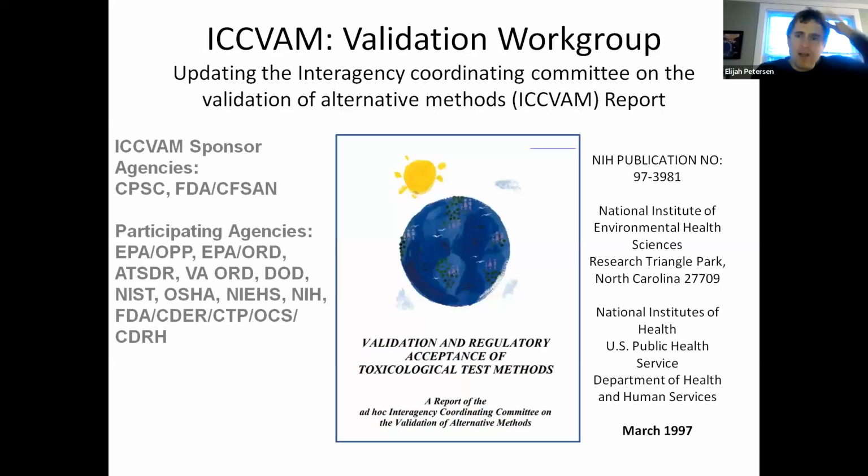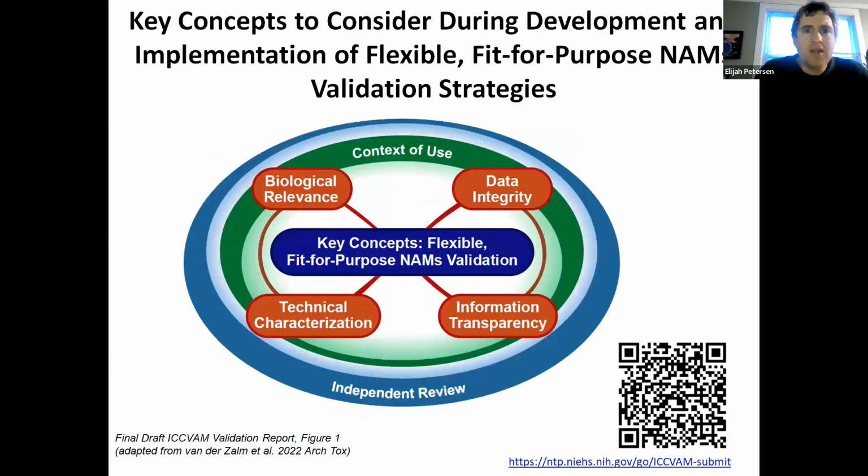No. It went up for public commenting back in August, so some of you may have had a chance to review it and send in some comments. A key part of this report is this figure that was refined from Petersen et al., a paper that was published very recently, and there are many components to having a good NAM, including biological relevance, data integrity, and information transparency.